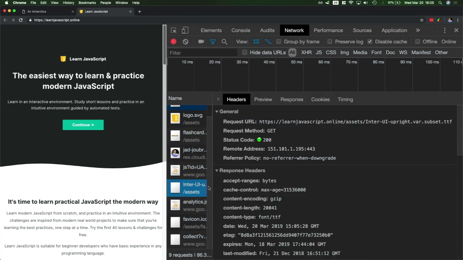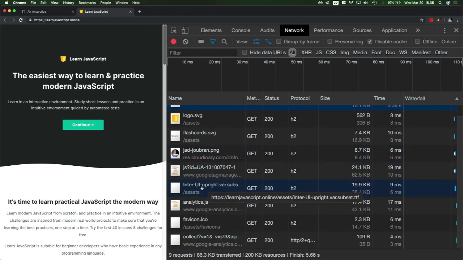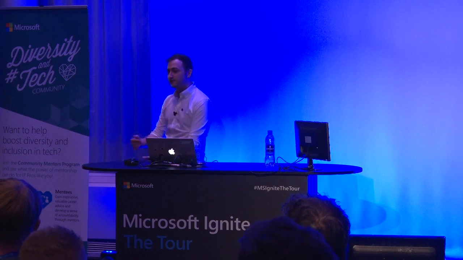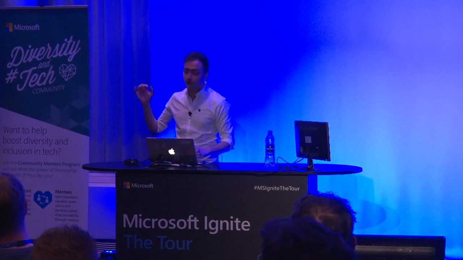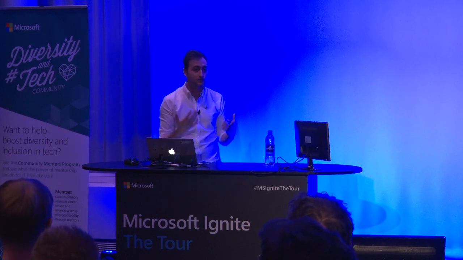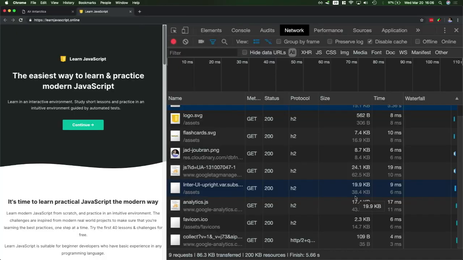This is the font file that I'm using. It's a variable font, and let me show you how big it is. It's only 38 kilobytes, not gzipped. I'm not one of those that cheats by telling you this is gzipped, minified, and cut in half. This is 38 kilobytes. And also when you gzip it, it's 20 kilobytes, which is really, really small.